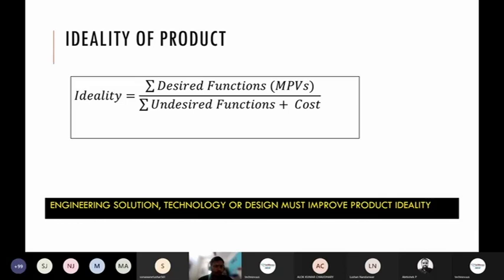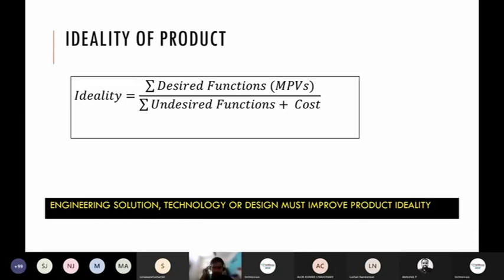And everything which you want to cut down, like emissions and noise, is undesired, which the customer doesn't need. Desired means something we need, and cost, of course, we should cut down as much as possible. So the denominator should be cut down and the numerator should be maximized. Very simple. This ratio is called ideality.